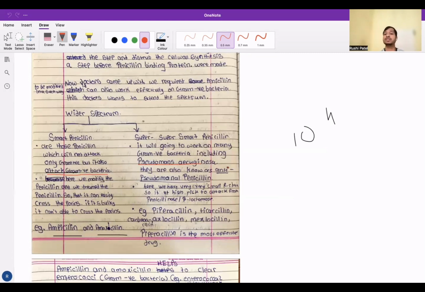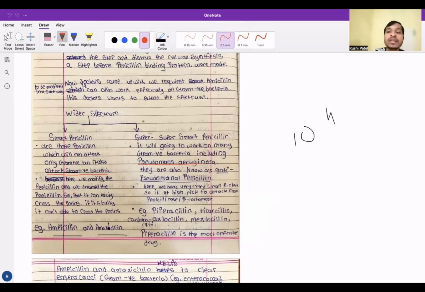Which medicine is the most potent for Pseudomonas aeruginosa? Piperacillin, ticarcillin, carbenicillin, azlocillin and mezlocillin.